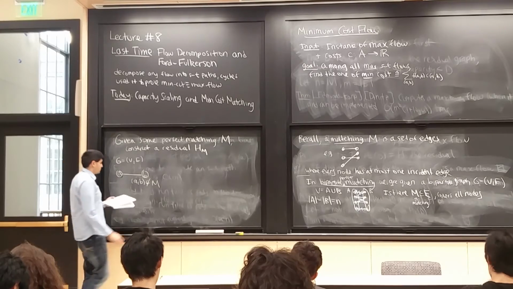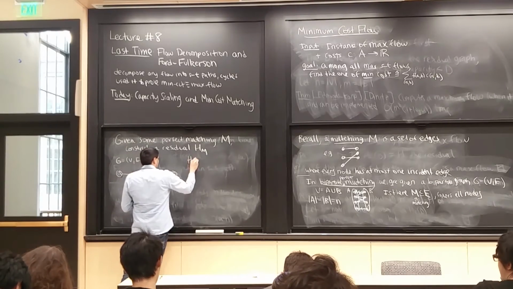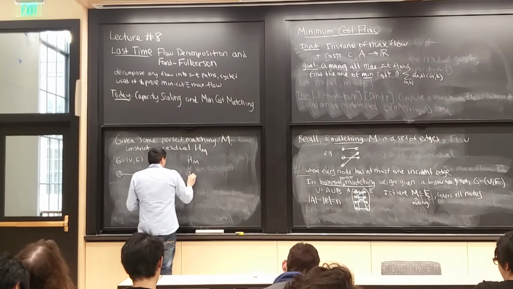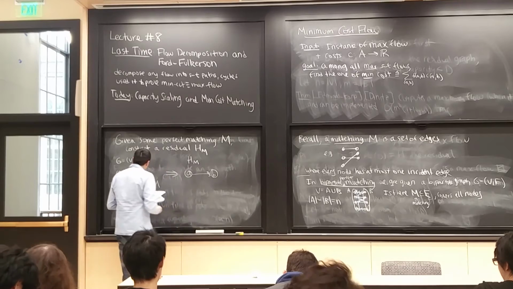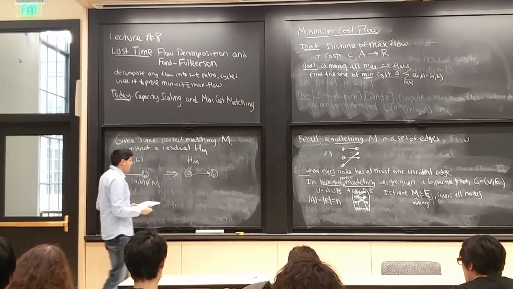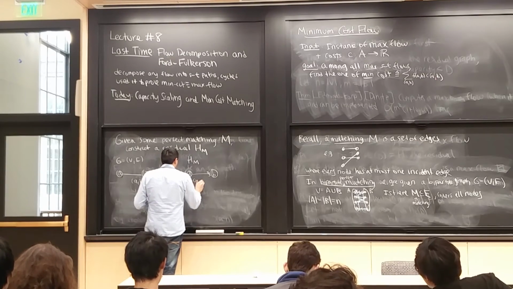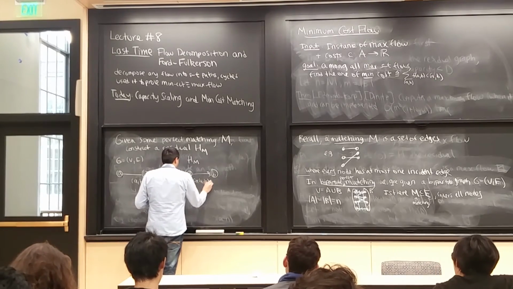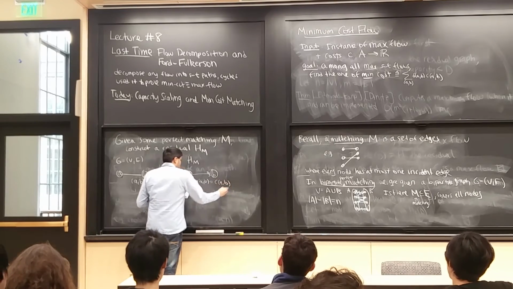All you're going to do is create this residual graph H sub M, which has a directed edge from A to B. The original thing was not directed because it was just an undirected graph. But now you're going to create a directed graph, where the cost of AB is what its original cost was. So very simple, right?